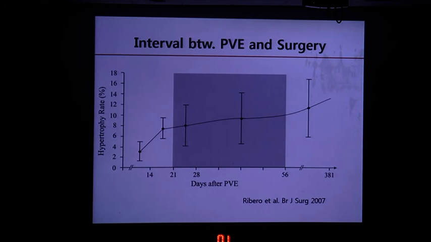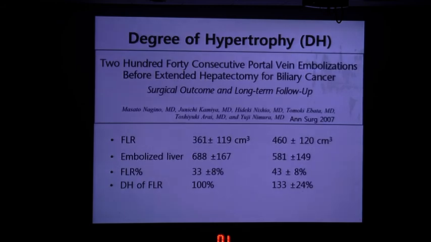And this figure shows the interval between portal vein embolization and surgery in terms of future liver remnant hypertrophy. You can see that after 2 weeks or 3 weeks, the growth rate is decreasing. So you don't have to wait too much, 2 or 3 weeks is sufficient. So degree of hypertrophy, this is a result from Nagoya.